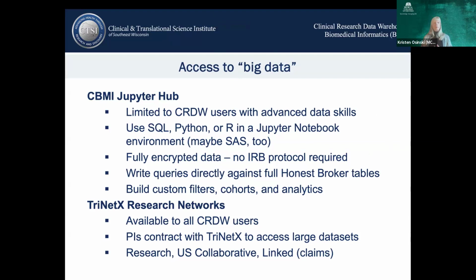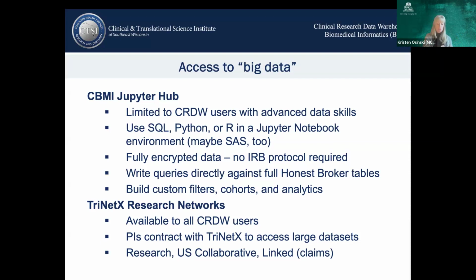Some of you may or may not be aware of Trinetics. So Trinetics is our other query tool that we offer through the self-service tool set. Trinetics not only houses our de-identified Freighter and children's data, we have also linked to some of their other research networks. There is a research network which has 80 some participating healthcare organizations.